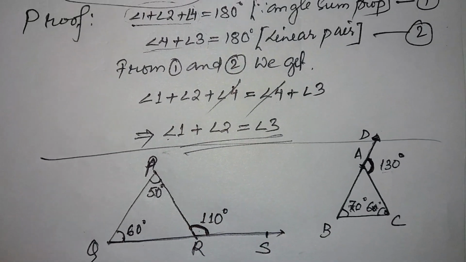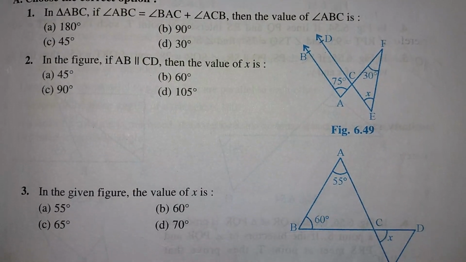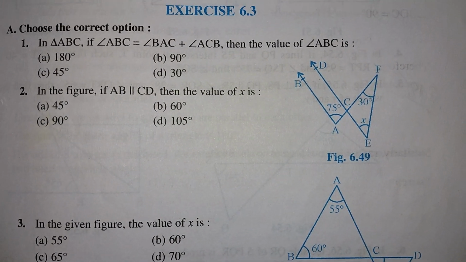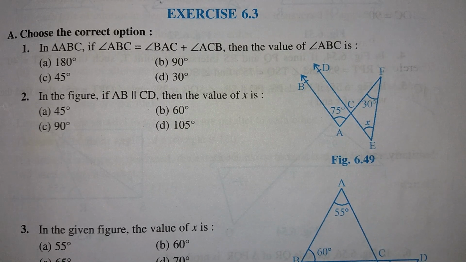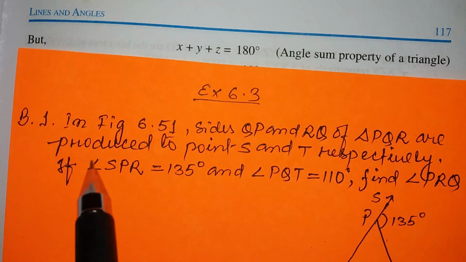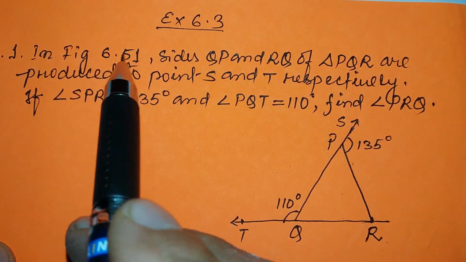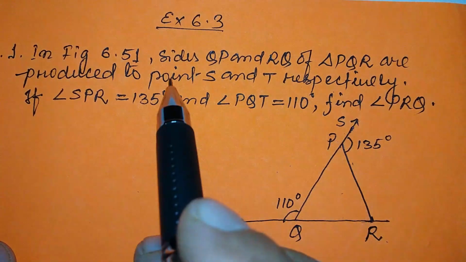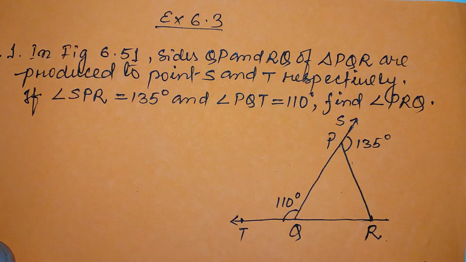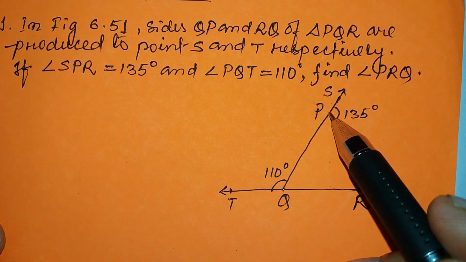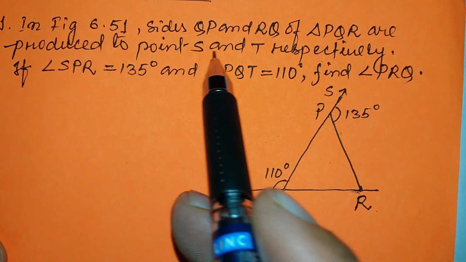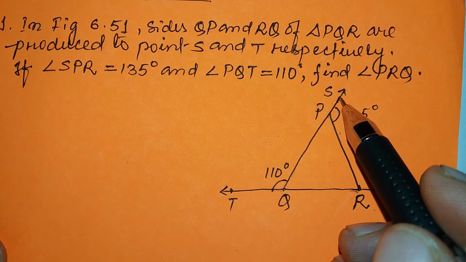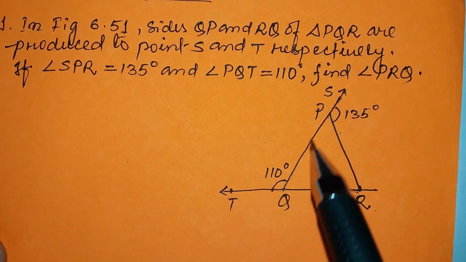Now let's see exercise 6.3. The MCQ portion of this exercise I will be doing in a separate video. Here we will see the non-MCQ questions. Let's see the first question. In figure 6.51, sides QP and RQ of triangle PQR are produced to points S and T. QP is produced to S and RQ is produced to T respectively.